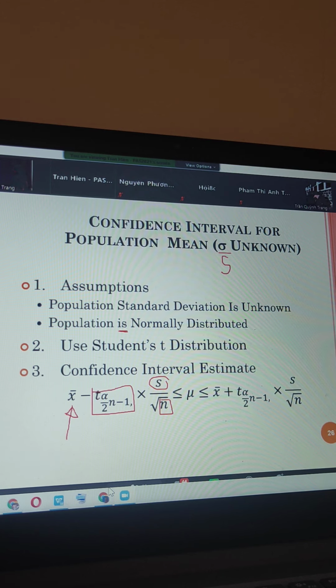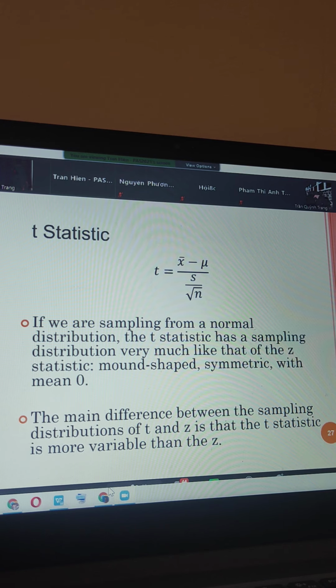Okay, so right now let's move to define the T distribution, the student distribution. Here is the formula to convert from the normal distribution X bar into the T distribution, letter T.